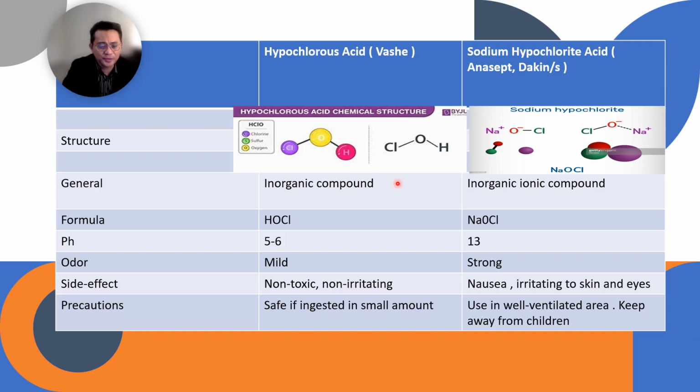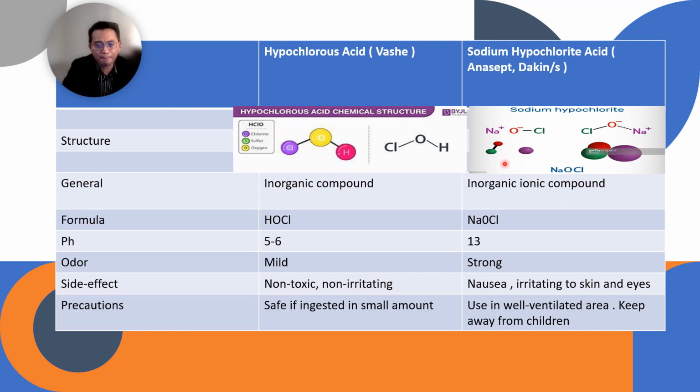In this slide, you would see the chemical structure of VASH versus the structure of Anasept or the Dakin solution. Of course, we have the chloride, the oxygen and the hydrogen. For the sodium hypochlorite, you would notice that it's now deprotonated.